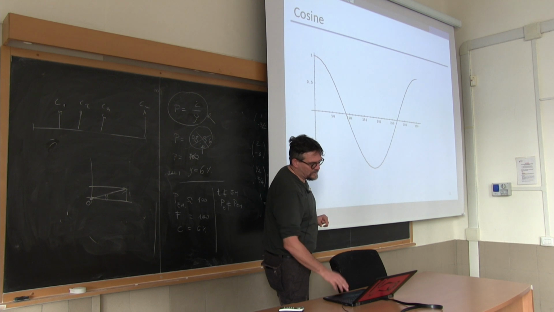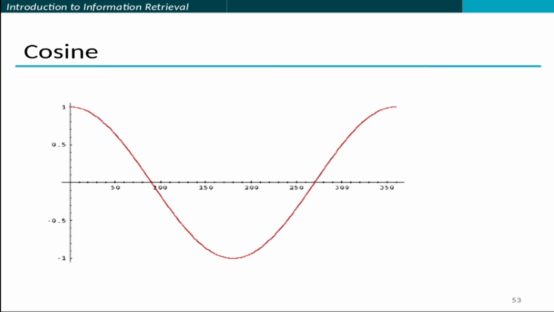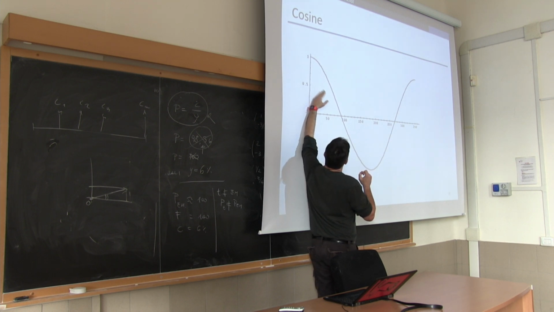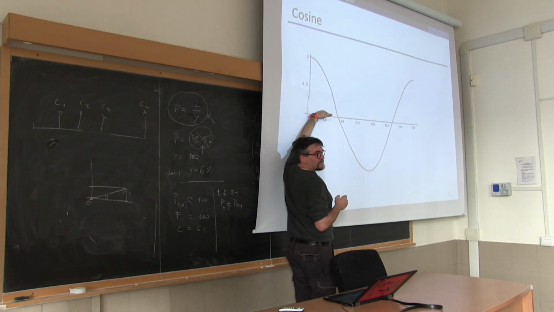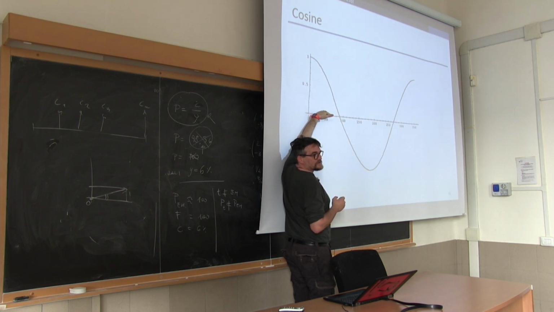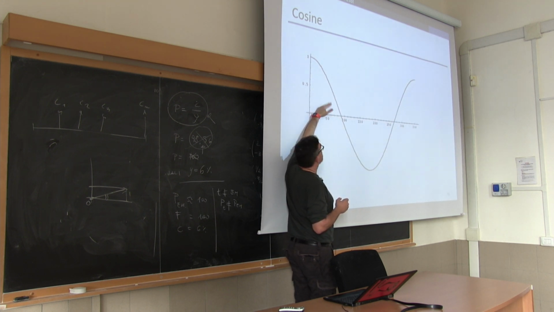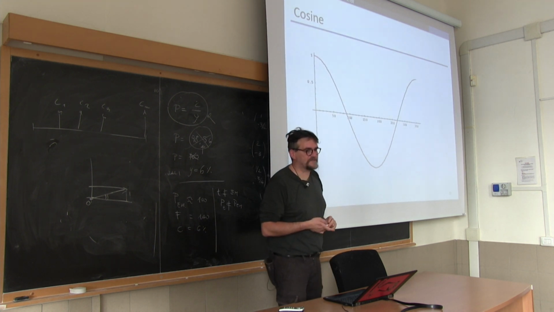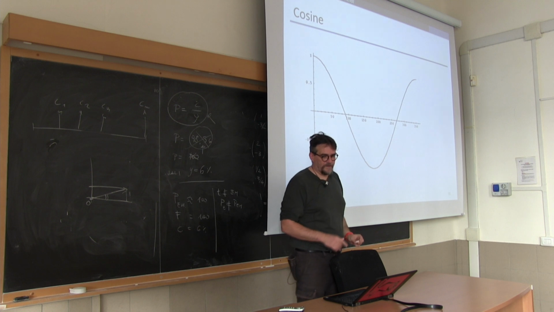If it is the same document, the cosine is 1. So query and document at angle 0 means that the query perfectly matches. If they are orthogonal, there is no relationship, and so on and so forth. You have all the intermediate possibilities.